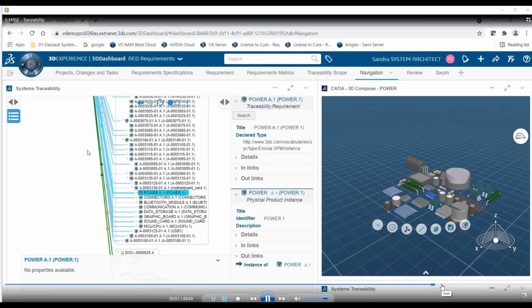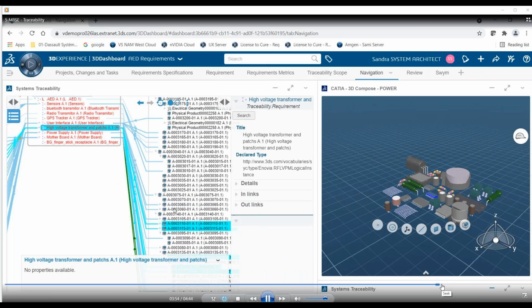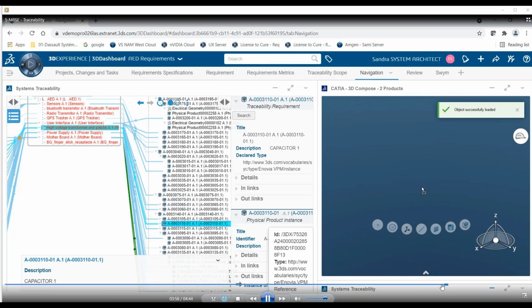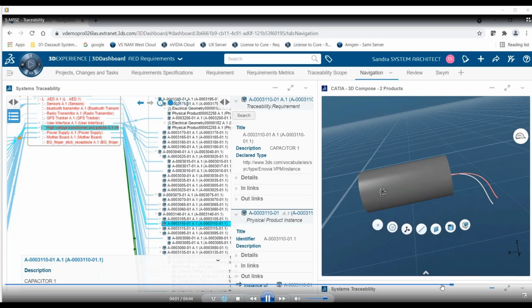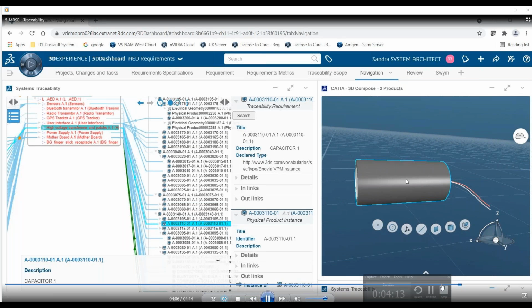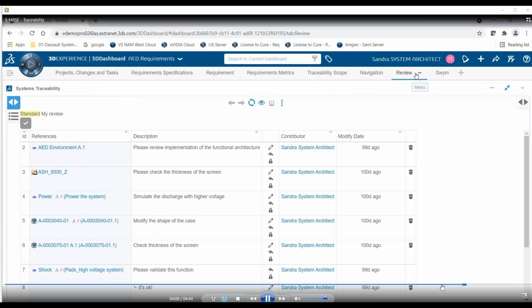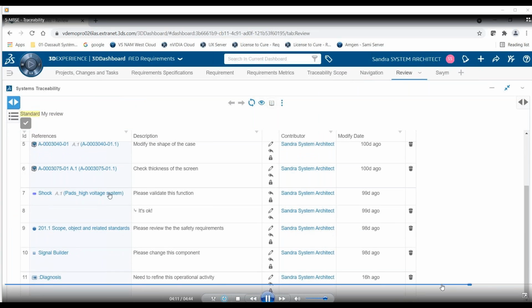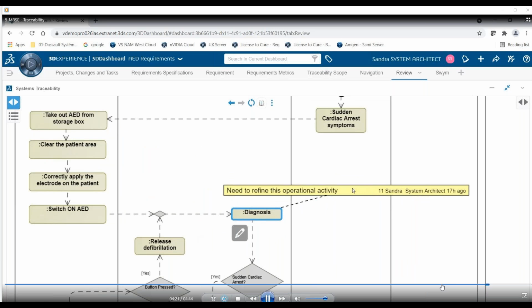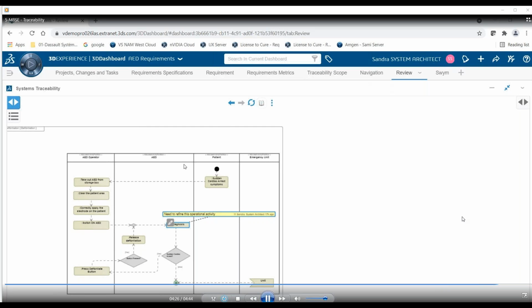When you go to the physical level, you can see electronic components that you have in this equipment. So if you have, for example, a capacitor that is providing the voltage, you can see the model and the specification of that capacitor. You can go to the detail and be sure that that capacitor would meet your requirements. So you are using the right capacitor to provide, for example, the voltage in the AED.